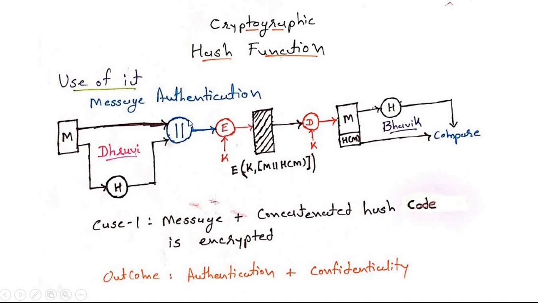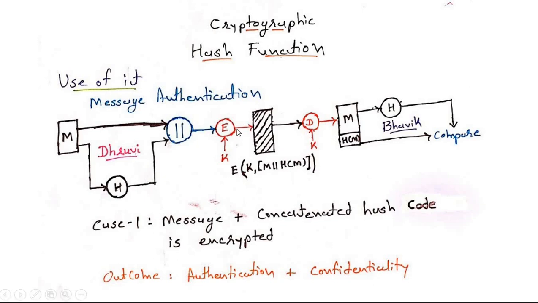So here we are going to append both of these, and then we will apply one encryption here. There is one key we are using for the encryption and decryption. We can use symmetric encryption as well as asymmetric encryption, but right now we are not going to specify which.